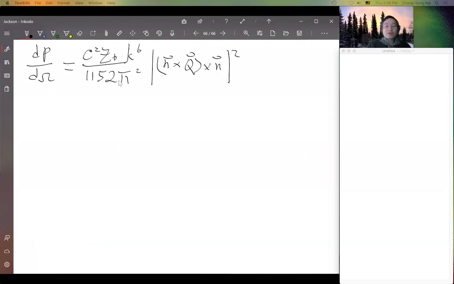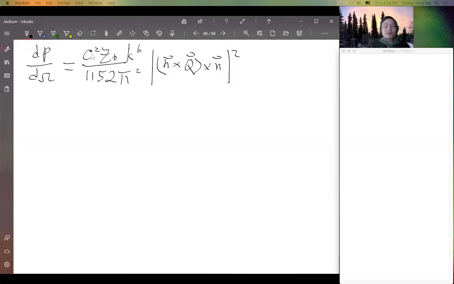So that is the differential power. One major difference is that it is proportional to k to the 6th power. If you look back at the electric dipole term, this is actually just k to the 4th power. In that case, it's n cross p cross n absolute value squared.